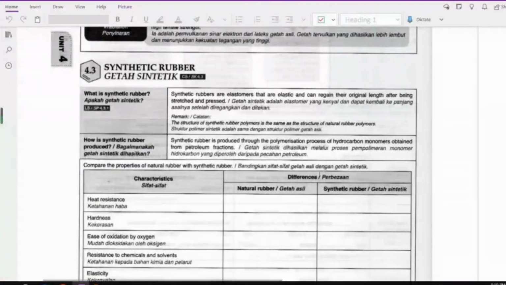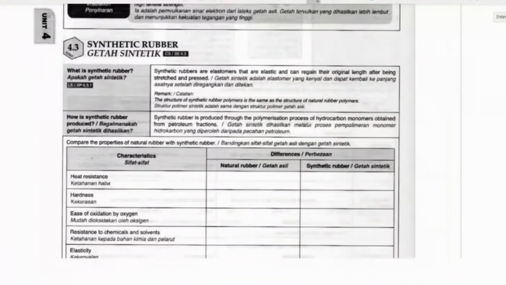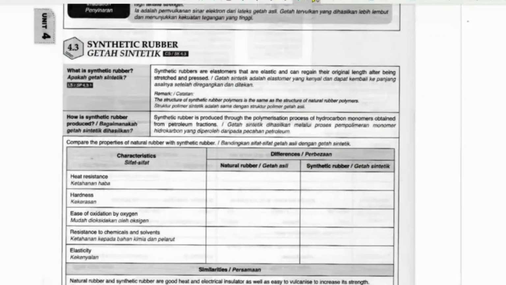We discussed the last part of chapter 4. Okay, we look into synthetic rubber. So what is meant by synthetic rubber? They are elastomers, they are elastic and can regain their original length after being stretched and pressed.